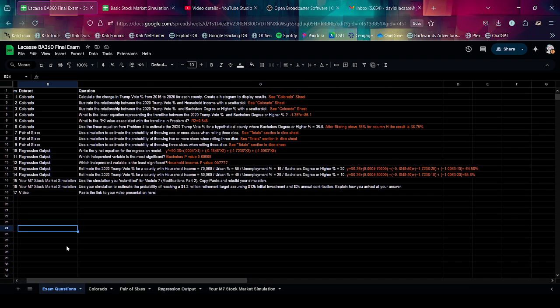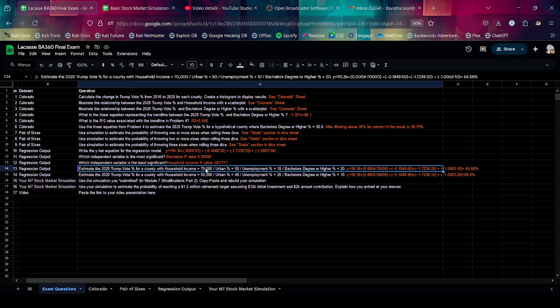Let me show you. So here's the formula with that data set. I think this was what I put them in order: household, urban, unemployment, bachelor's degree, and those are the coefficients. The x's are the variables here. So these would be the variables.